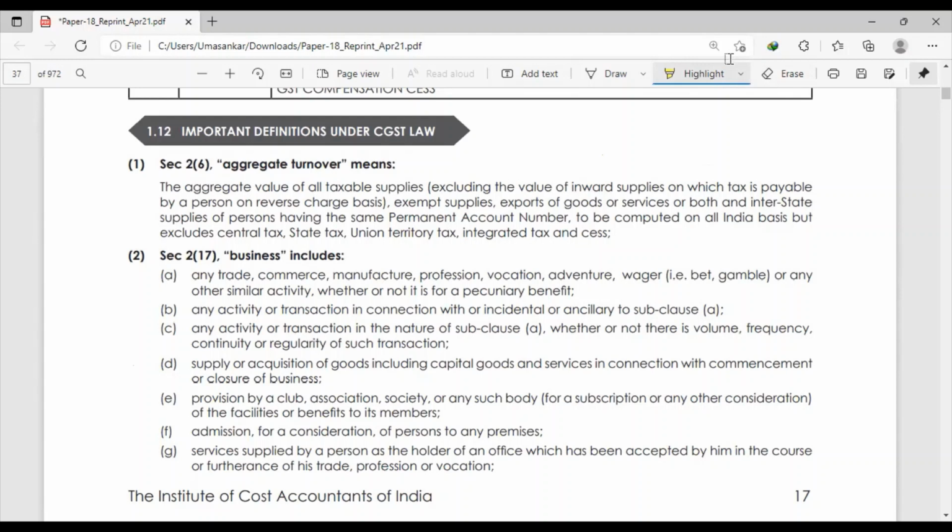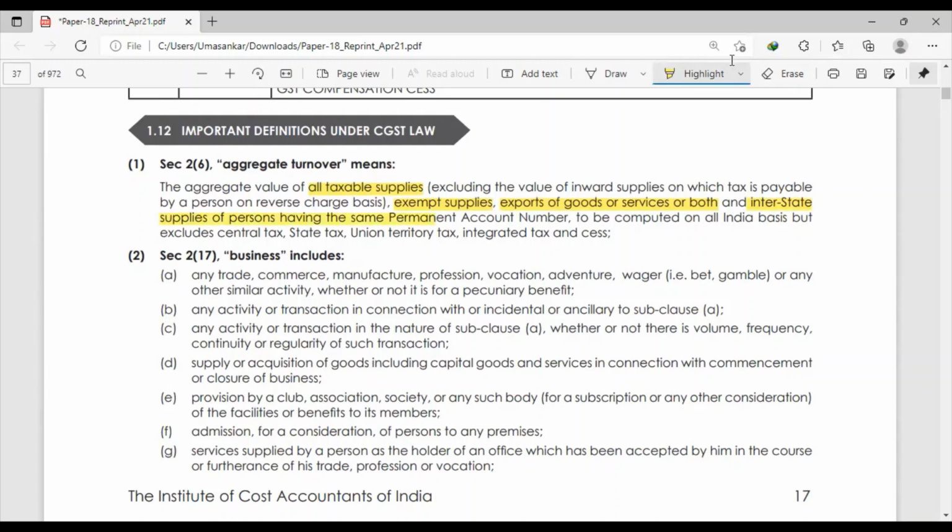So it is the sum total of the aggregate value of all taxable supplies. So we need to consider all taxable supplies, then exempt supplies, then export of goods or services or both. So all taxable supplies, all exempt supplies, exports and interstate supplies.